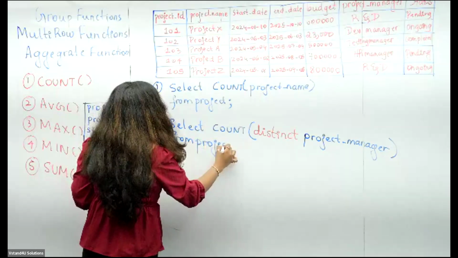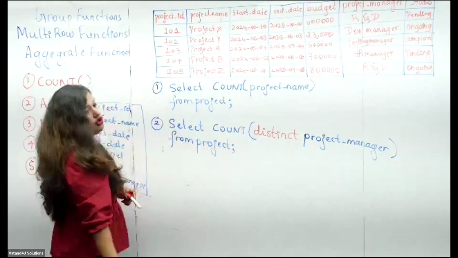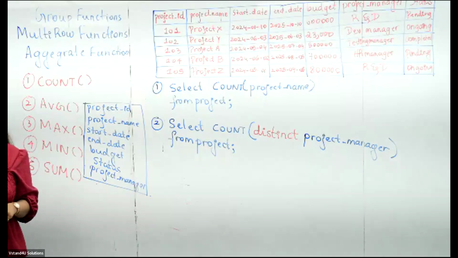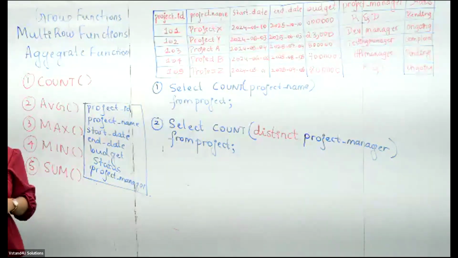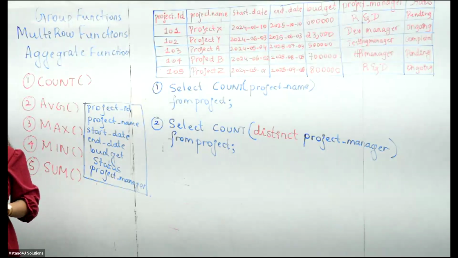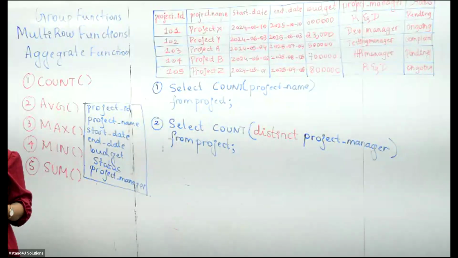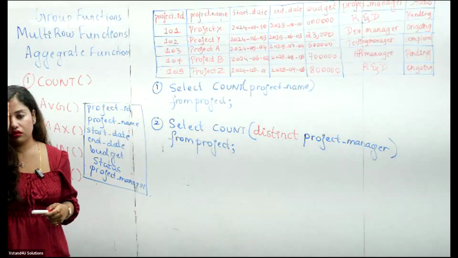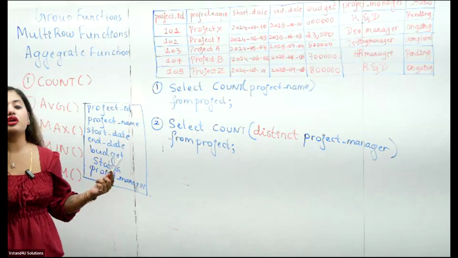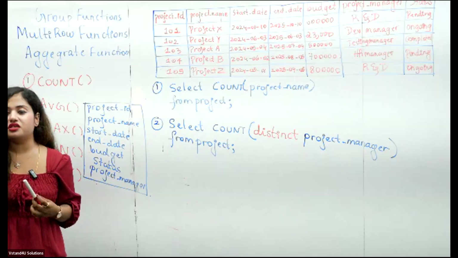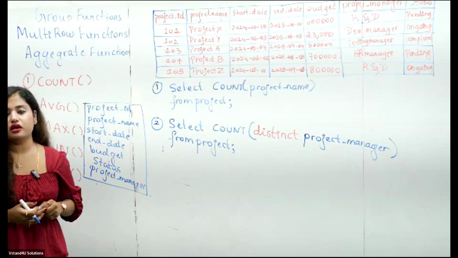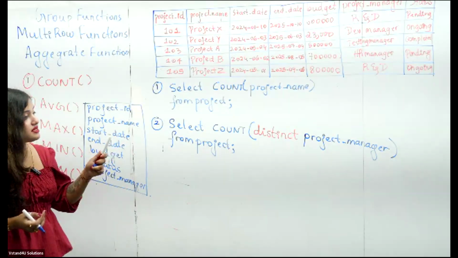Clear? When will you use the where clause? When you have any condition and you have to specify that condition inside the query, then you will be using where condition. When you want to select any particular specified column, then you will be using select clause.